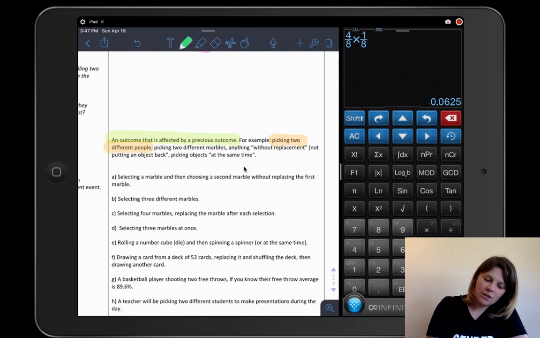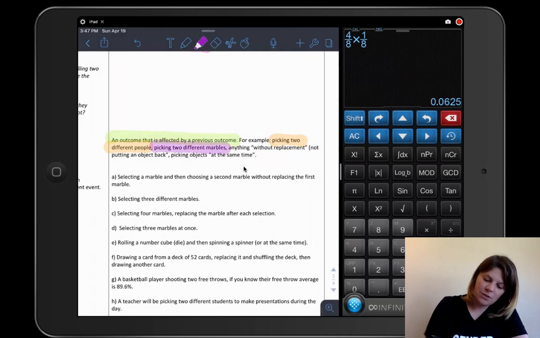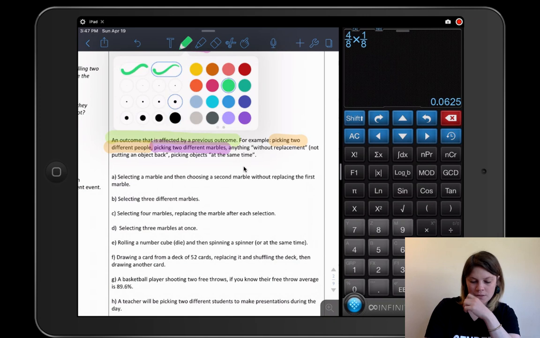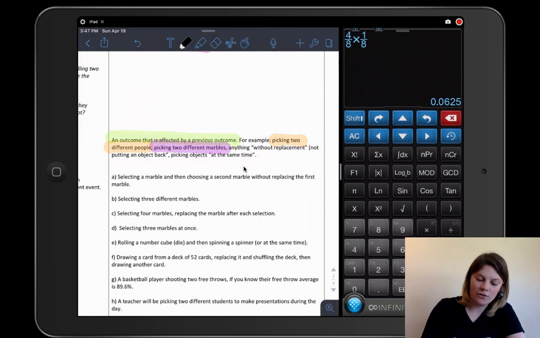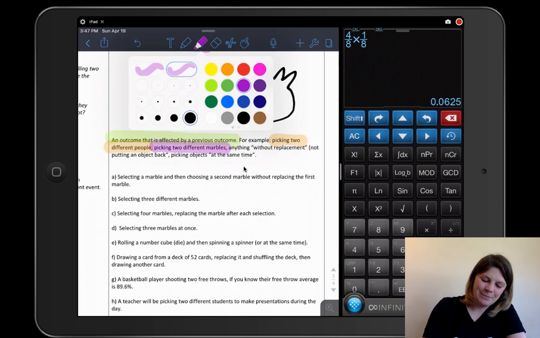So let's take a look here. I think this one is the most clear visual example that I can do. It says picking two different marbles. Okay, so we've seen bags of marbles quite a bit so far. So hopefully this is not something that's going to throw you off too much. We have just kind of a little cartoon of a bag.